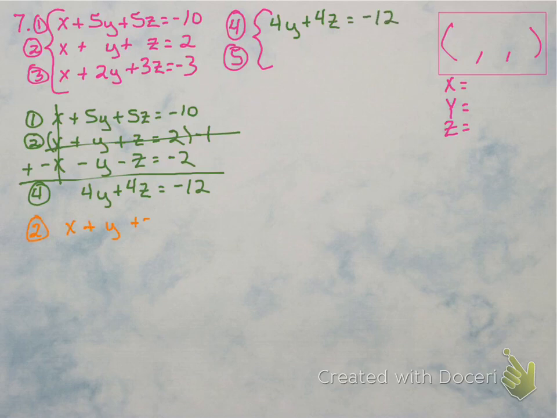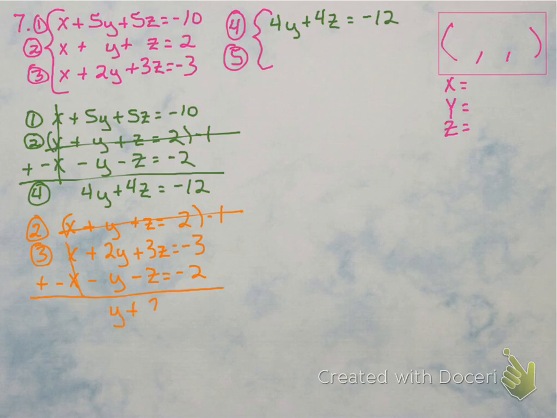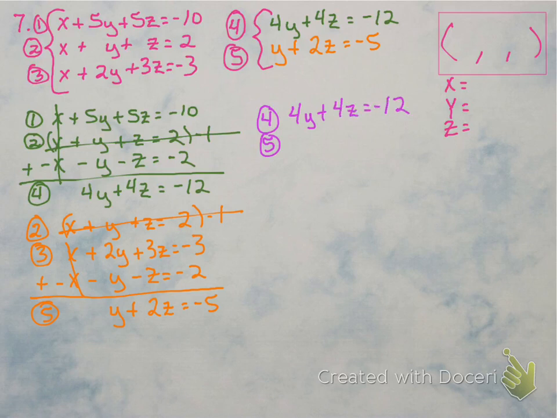Work with 2 and 3. Multiply number 2 again by -1. My fifth equation is y plus 2z is -5. Work with 4 and 5. I'm going to eliminate my z's here. So I multiply equation 5 by -2.